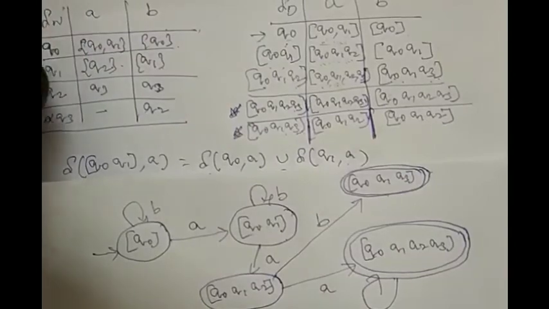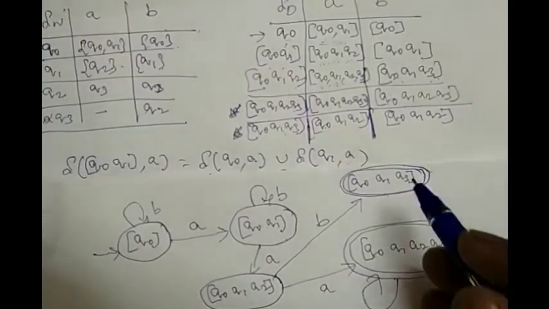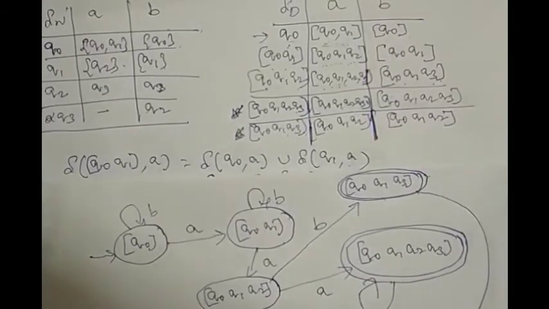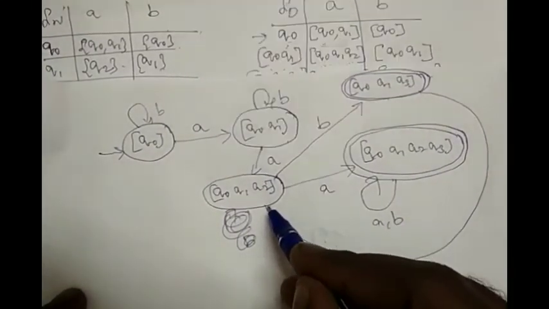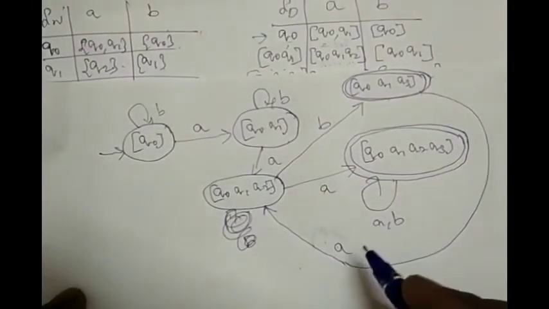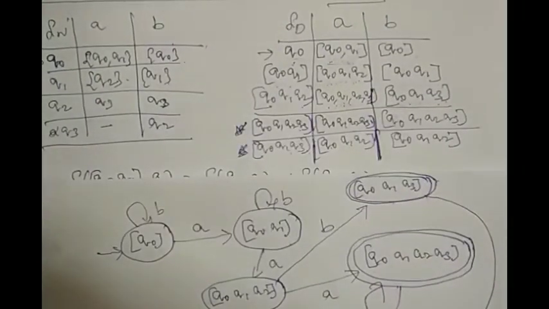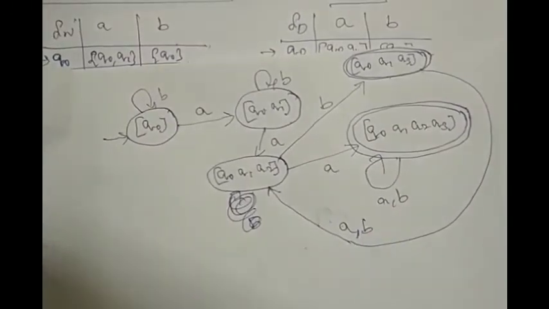When A is applied, it goes to Q0, Q1 and Q2, so I just take a loop back and come here. And when B is applied in Q0, Q1 and Q3, it goes to Q0, Q1 and Q2, same thing. So I just use A comma B.